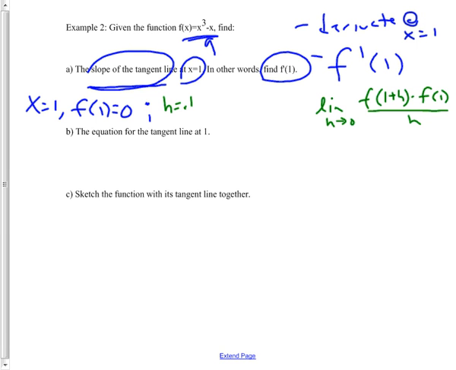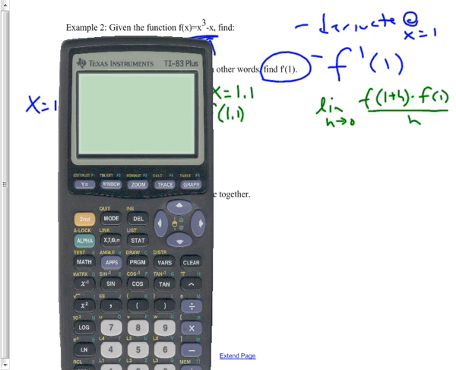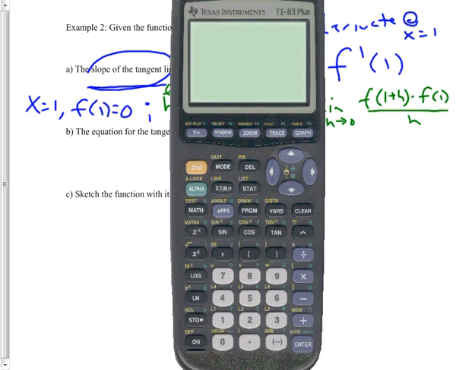So when h equals 0.1, we're looking at when x equals 1.1, and we're going to find f of 1.1. Just so that we can start seeing this a little bit, let's pull up the graph. And let's graph our function so that we can see it. Polynomials may not be clear immediately to everyone.